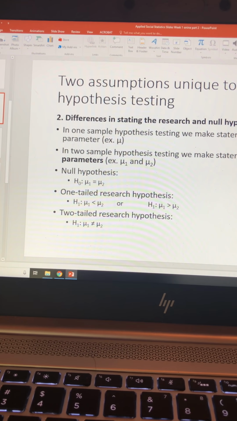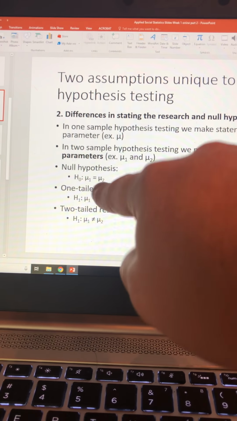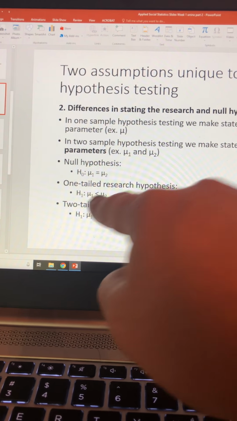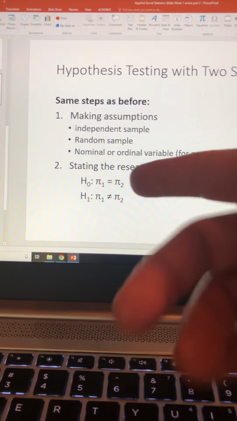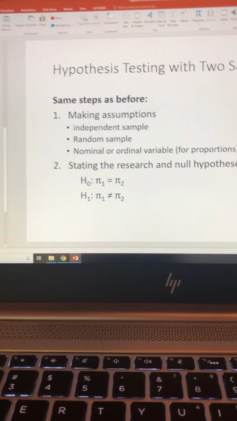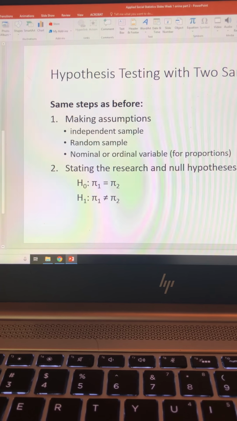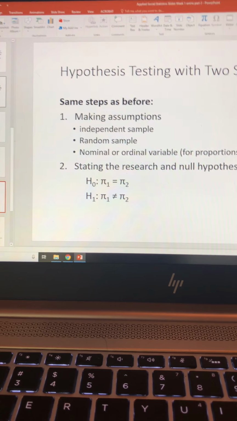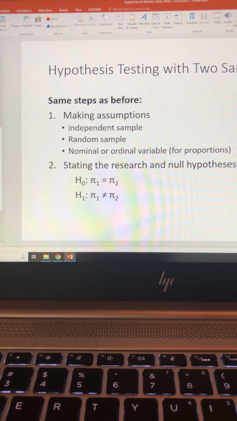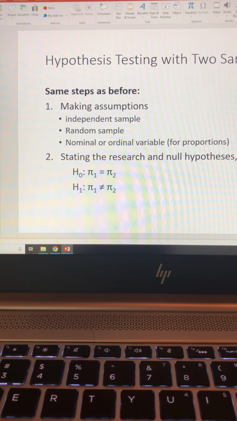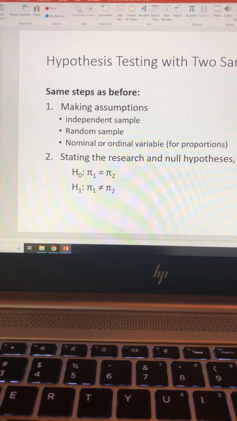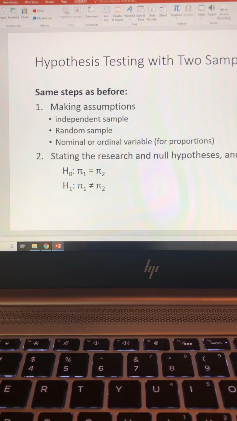Your null hypothesis is always going to be that the two groups are equal in terms of their means, and the research hypothesis is that they're either not equal or less than or greater than. Same thing with the proportions, and pi is your proportion, which I think T-Boat had trouble with, because pi is a numerical thing, and using it as a symbol is a little funky, but we'll let that slide, I guess.